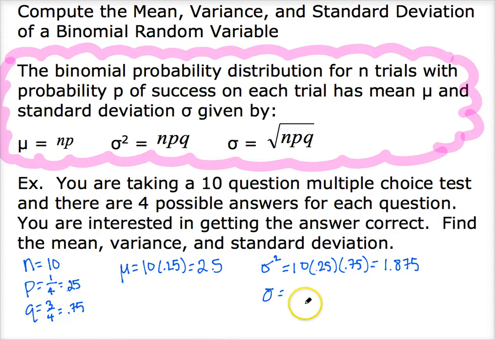And the standard deviation is the square root of that, which equals 1.369.